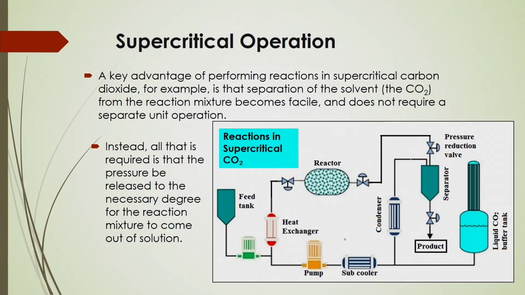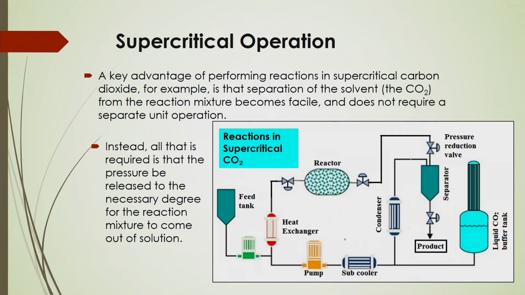A key advantage of performing reactions in supercritical carbon dioxide, for example, is that separation of the solvent, the carbon dioxide, from the reaction mixture becomes facile, and it does not require a separate unit operation. So, this is the advantage; all that is required is that the pressure be released to the necessary degree for the reaction mixture to come out of solution.